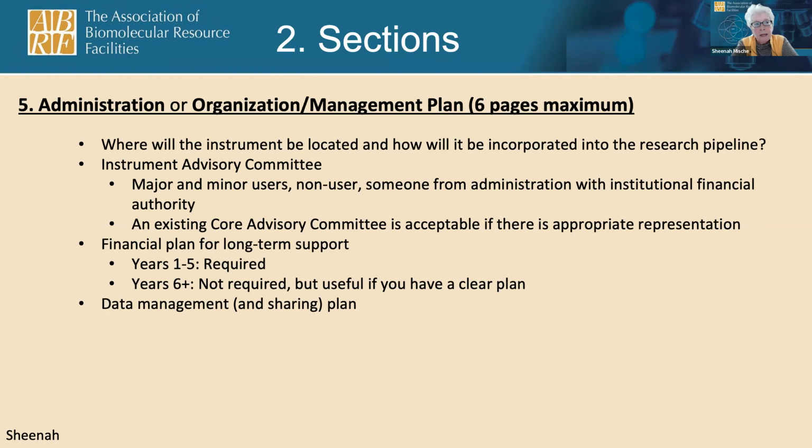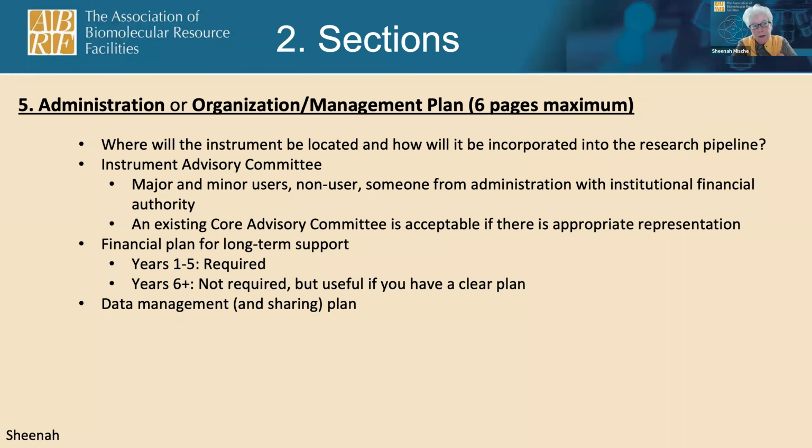In terms of the financial table, a lot of people ask, how do you put together an operating budget to describe what you're going to do for the 5 years of the service life of the instrument? Of course, most of these instruments have much longer service life.